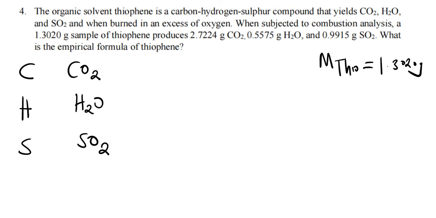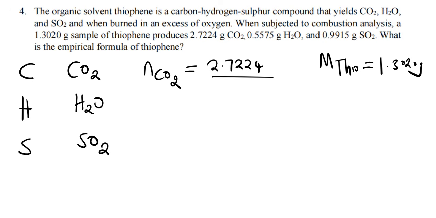So what would be the number of moles for the first one? Actually, it will be better if we convert these directly to the number of moles. The number of moles of carbon dioxide is going to be the mass which was produced, 2.7224, divided by the molar mass for carbon dioxide. We know that carbon is about 12, oxygen is about 16.